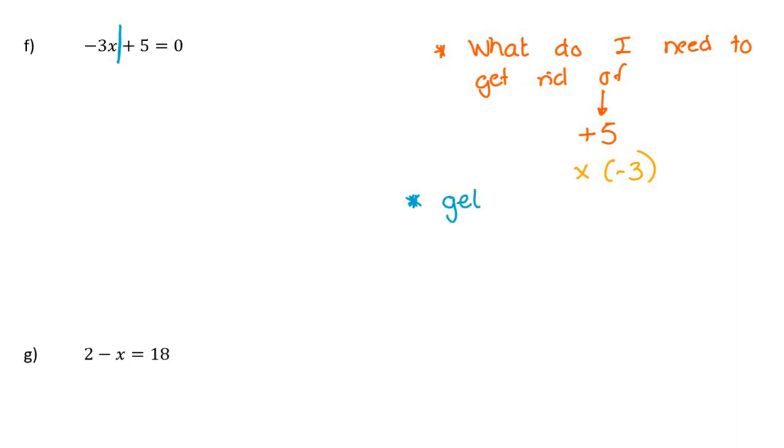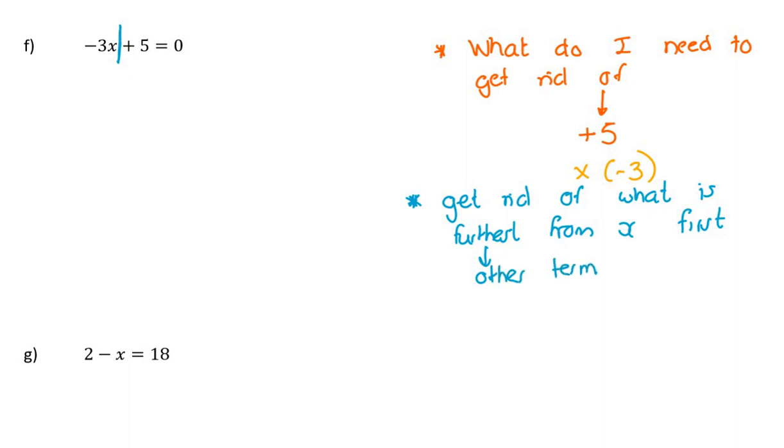So I'm just going to write that in. Get rid of what is furthest from x first. Now, by furthest, I mean the other terms, not in the same term as x. So I'm first going to get rid of this plus 5.